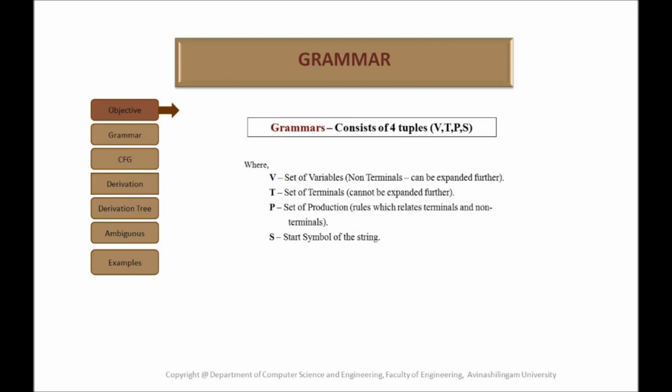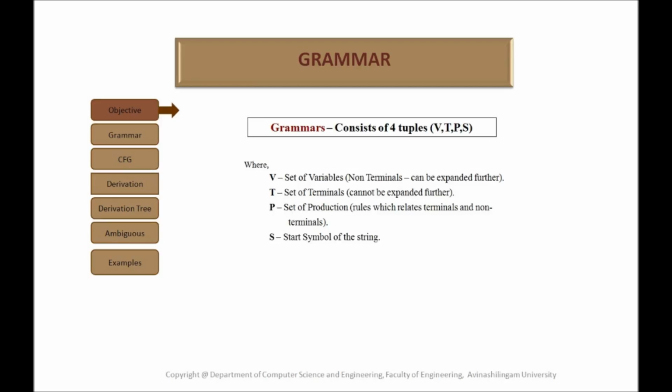Grammar consists of 4 tuples V, T, P, S, where V is the set of variables or non-terminals which can be expanded further. T is the set of terminals which cannot be expanded further. P is the set of productions or rules that represent the recursive definition of a language.